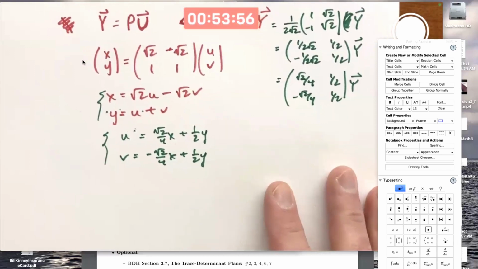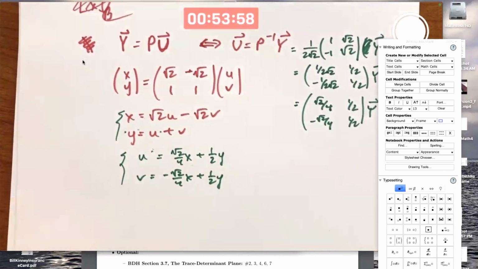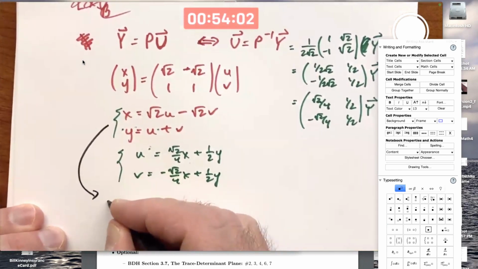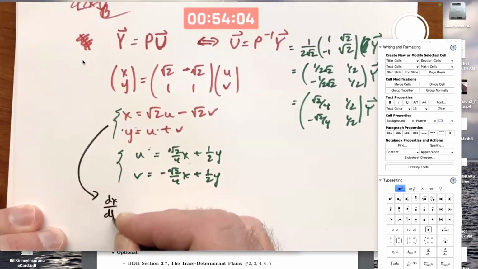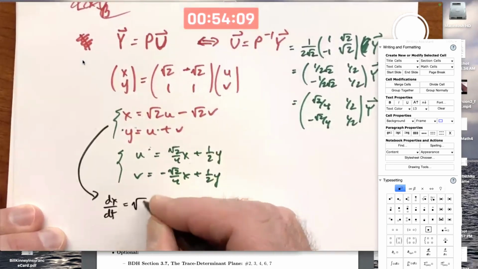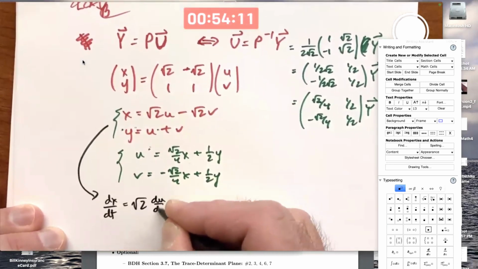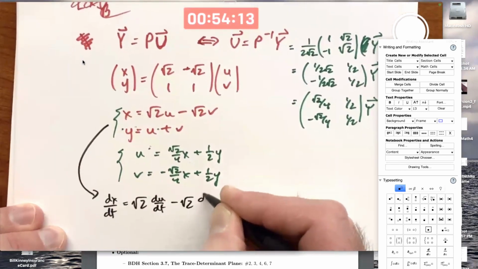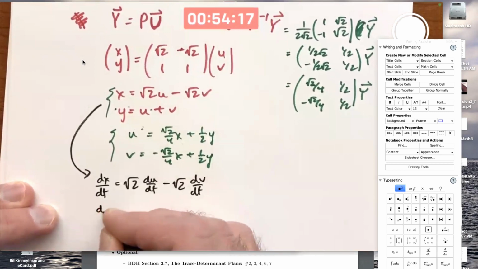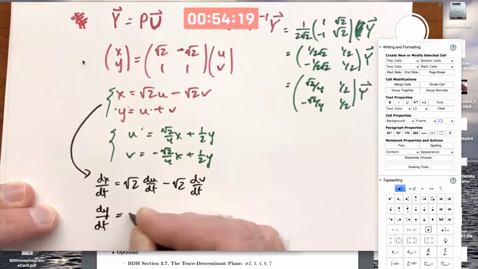How? These equations are going to imply for dx/dt that it's square root of 2 times du/dt minus square root of 2 times dv/dt. And for y, dy/dt is du/dt plus dv/dt.